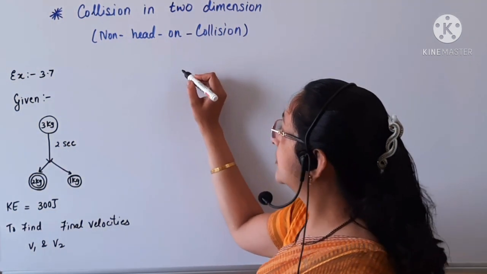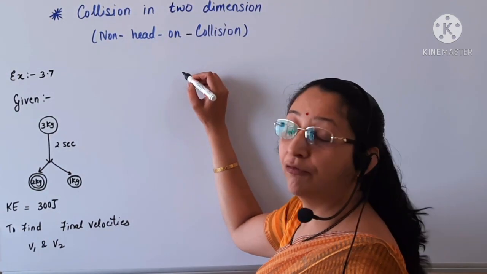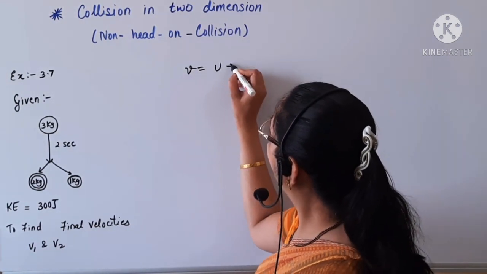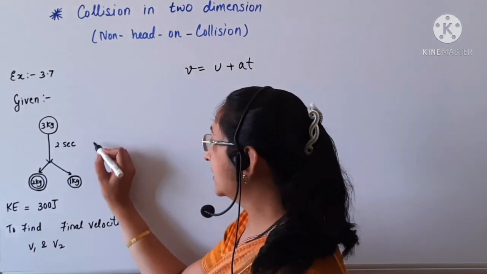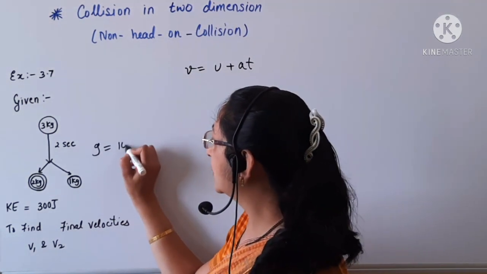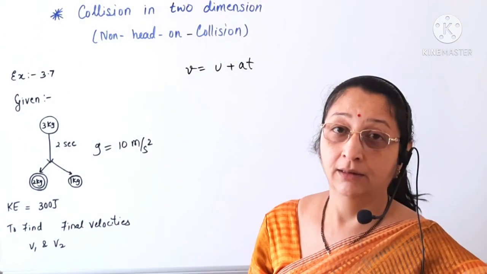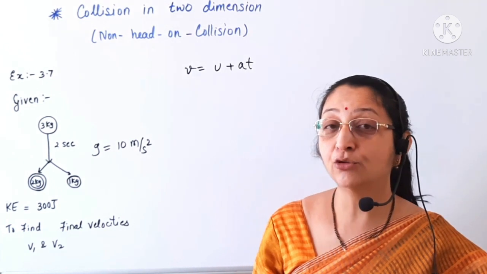Hence, we can use the first kinematical equation, V is equal to U plus at. We consider g equal to 10 meters per second square, because the earth is pulling the shell with the acceleration due to gravity.